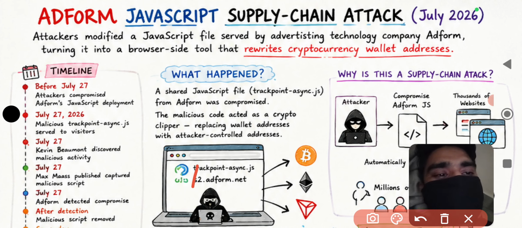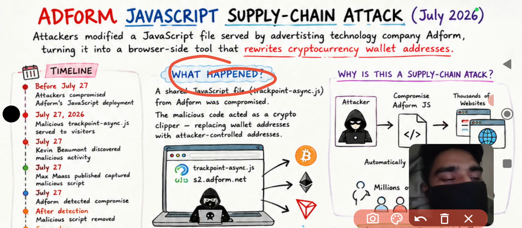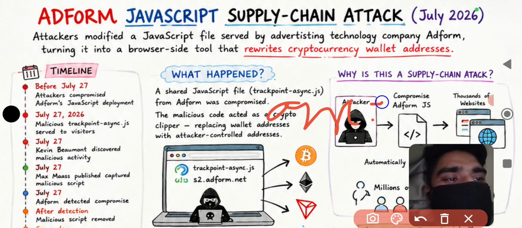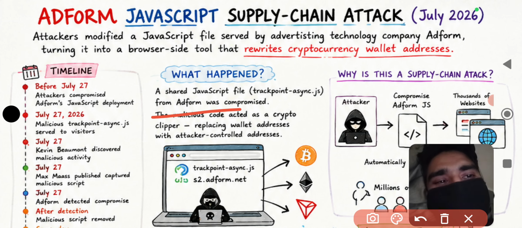Coming to the timeline of this event, let us proceed to what actually happened. The JavaScript file, let us consider it as trackpoint-async.js from Adform, was compromised.